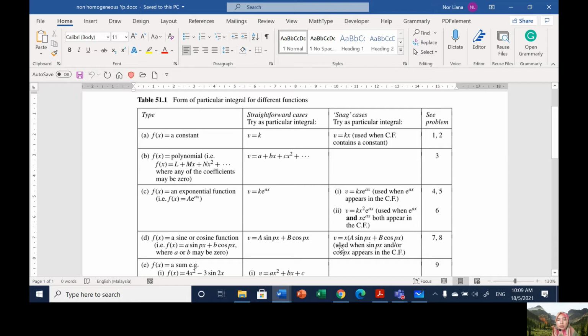For these cases, we look at whether we have sine or cosine in the yc that we got just now. If there is sine or cosine in that yc, then we have the snake case. Otherwise, we are going to use the basic form.